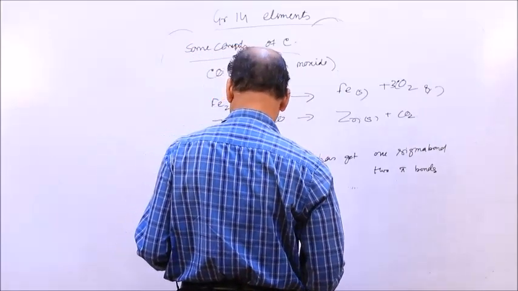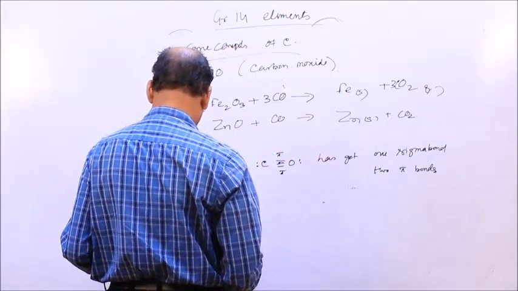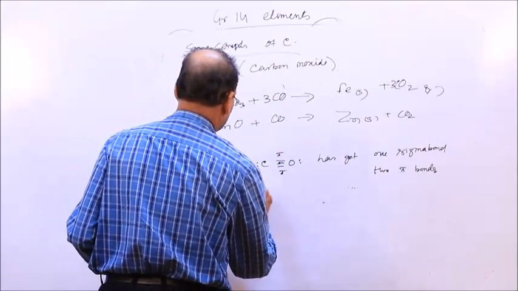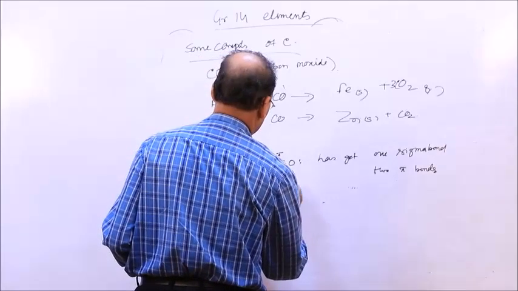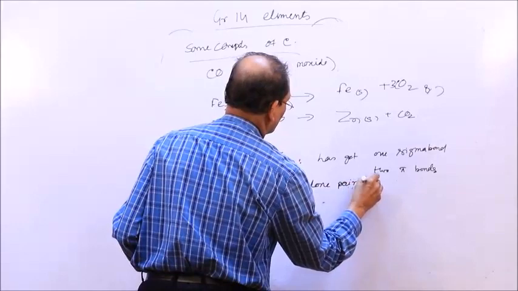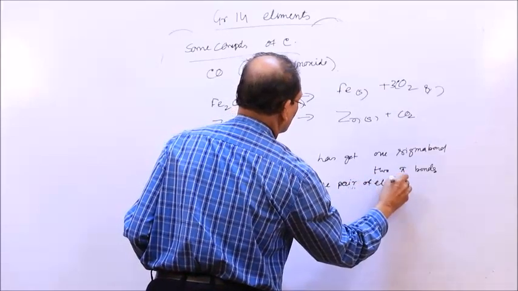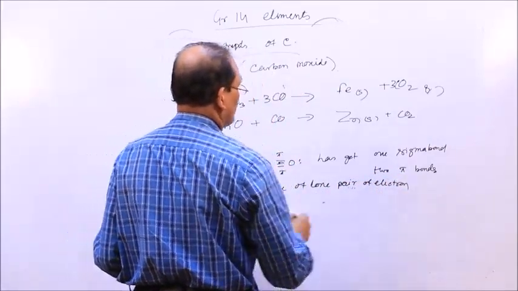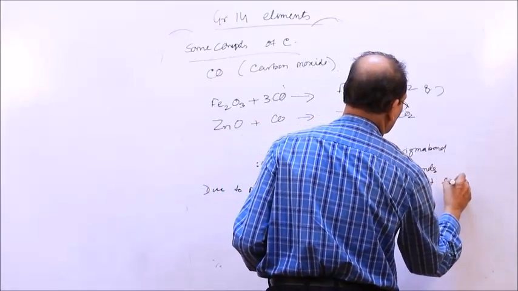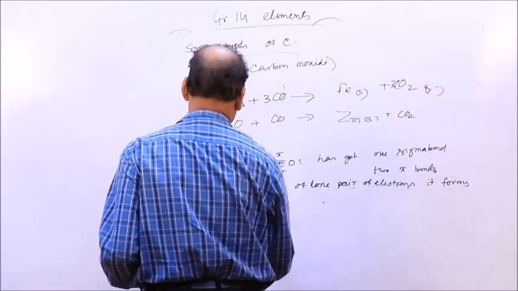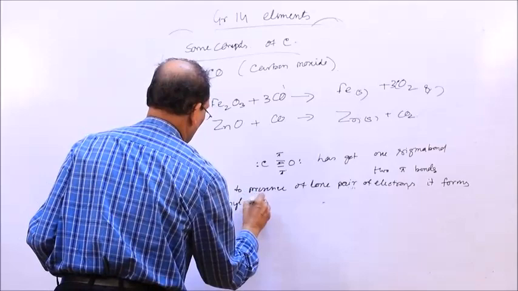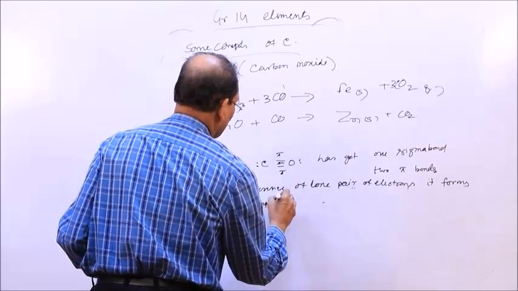Due to the presence of a lone pair of electrons, it forms carbonyl compounds, that is, metal carbonyls.